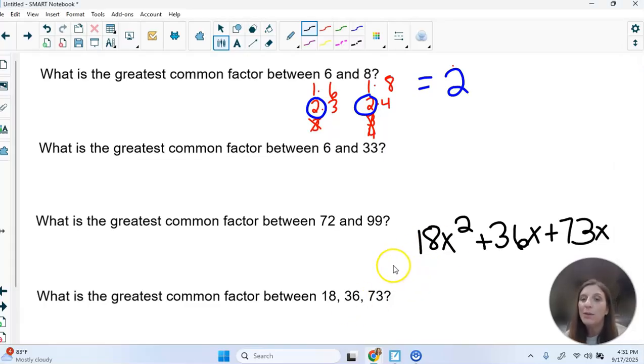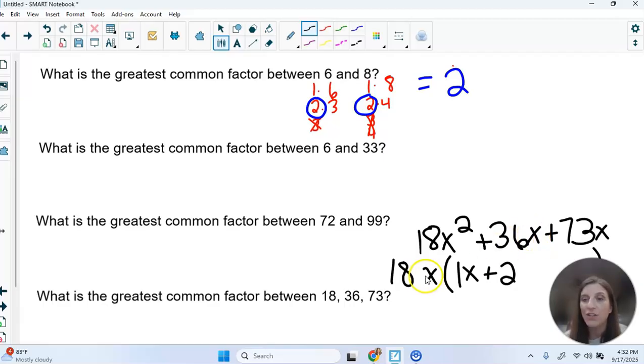So you know you're going to be pulling an 18 out. I probably shouldn't have made it so complicated with the x's, but we have 2 x's here, 1 x here, and 1 x here. We can also pull out an x. 18 divided by 18 is 1. If you had 2 x's and you took 1 x out, you'd be left with 1 x inside. 36 divided by 18 would be 2.